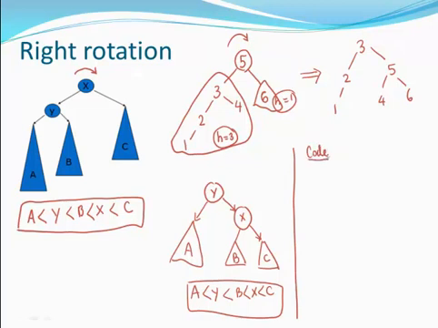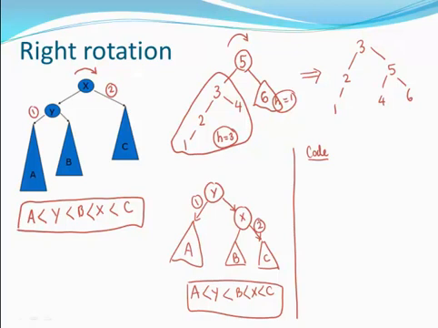So let's think about a few things here. One is that the left child of Y, which is A, remains the same. It did not change. The right child of X, which is C, remains the same.